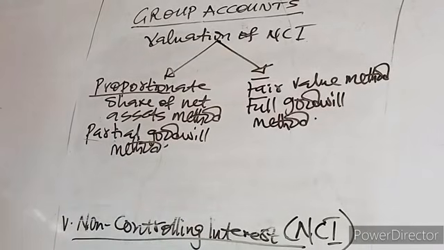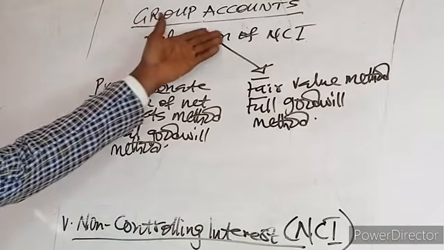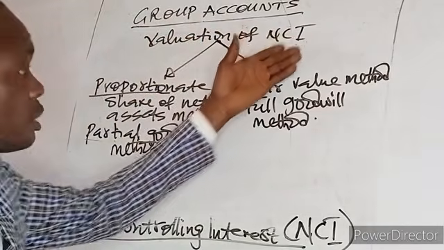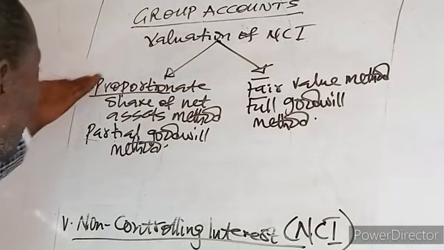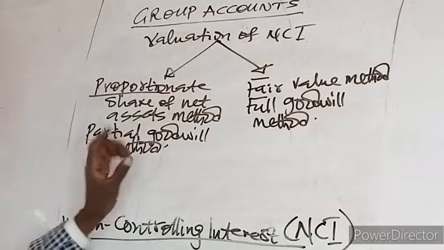I've said that non-controlling interest is the part of the equity interest of the subsidiary not acquired either directly or indirectly by the parent company.